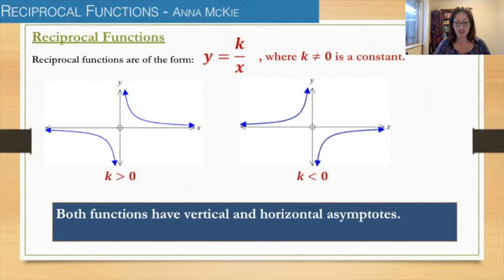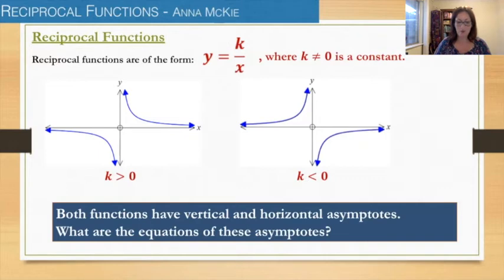Okay, so both functions have horizontal and vertical asymptotes. Have a think about that. What are the equations of these asymptotes? We'll do horizontal first. A horizontal line, think about what the equation of a straight horizontal line is. They're always going to cut through which axis? The y-axis.